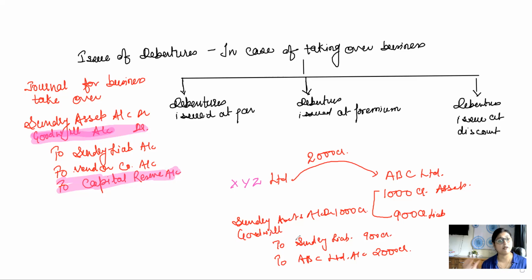Because whenever you take over another business, along with the business, you will get the name and fame of the business. Along with that, all the customers of the previous business will also come to you. So that is why we pay extra money for the goodwill.